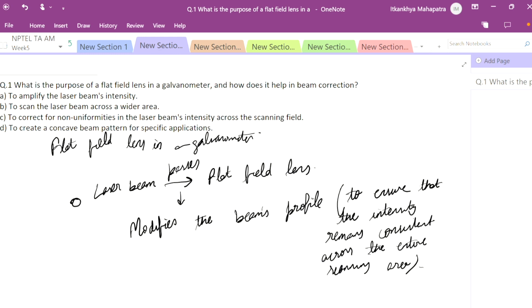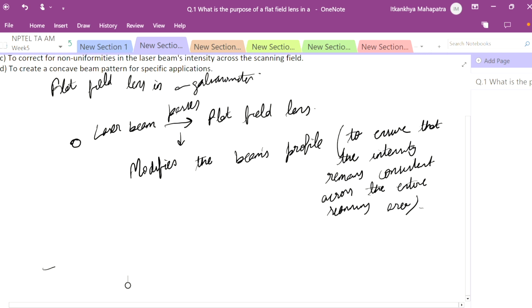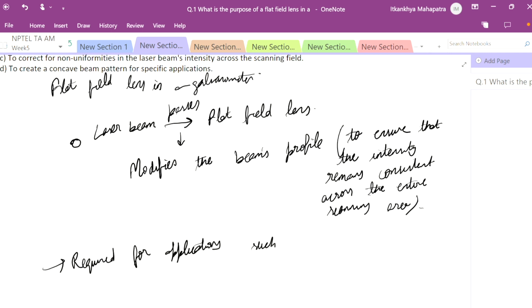Now, this is important for applications where a uniform laser beam intensity is required for accurate and consistent processing, such as laser marking, engraving, or laser-based imaging.